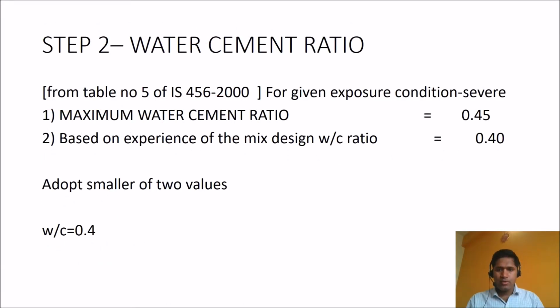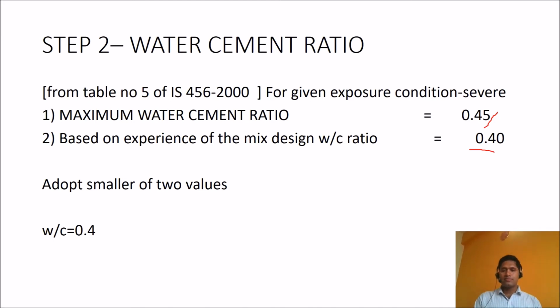Step 2, water cement ratio from table number 5 of IS 456 2000 for the given exposure condition. In this problem it is a severe exposure condition. You have to choose the least among the two conditions. One condition is the maximum water cement ratio specified in IS 456 under severe condition for RCC, that is 0.45, and based on the experience of the mix designer, the water cement ratio needs to be taken somewhere near 0.4.